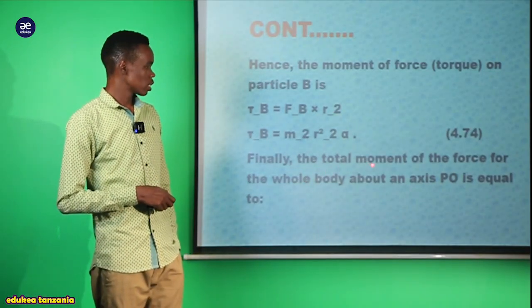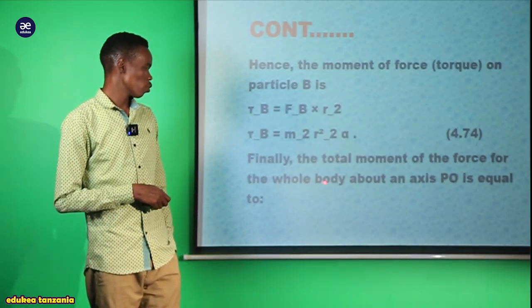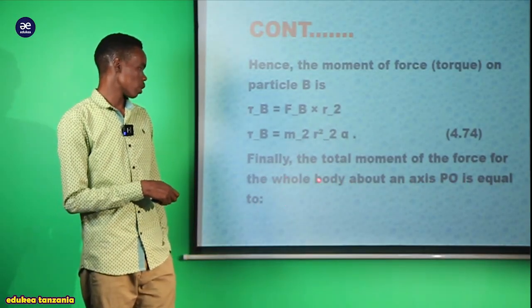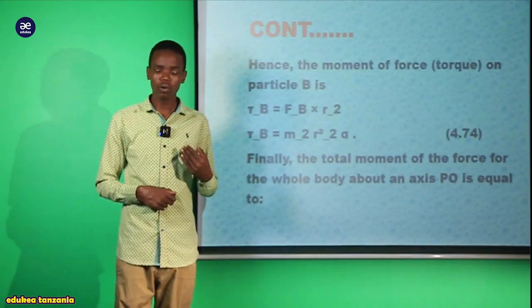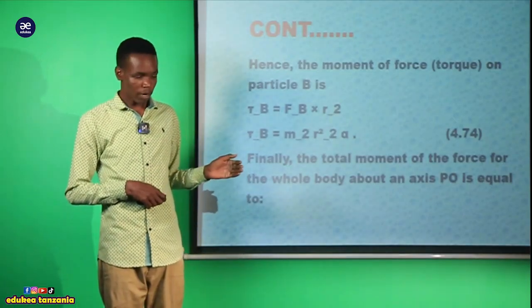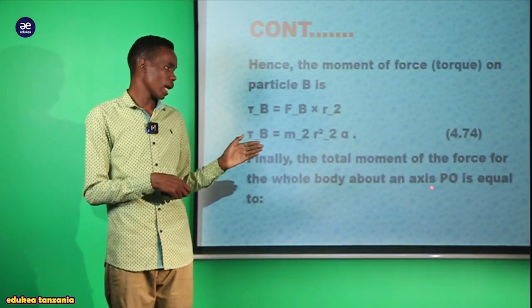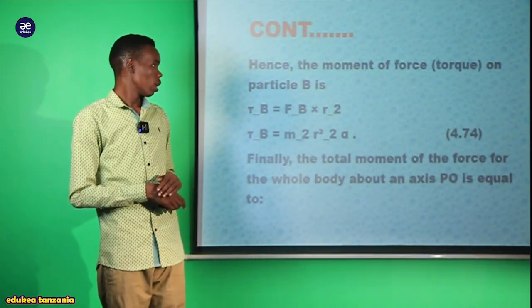So finally, the total moment of the force for the whole body about the axis PO is equal to this.